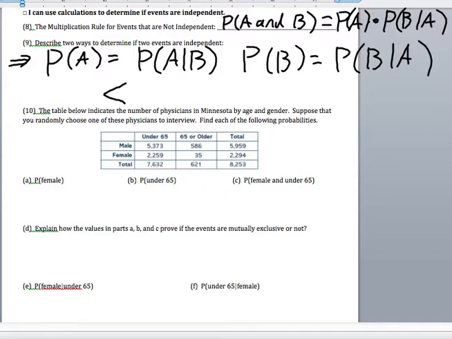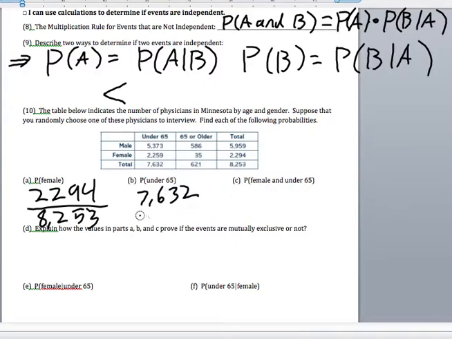First few are just like our two-way frequency table earlier. Probability that you're female. Well, we got 2,294 females. And our total people is 8,253. Probability that you're under 65. Well, we have 7,632 people under 65. And once again, we're not told to narrow it down, so we always use the biggest total, 8,253.